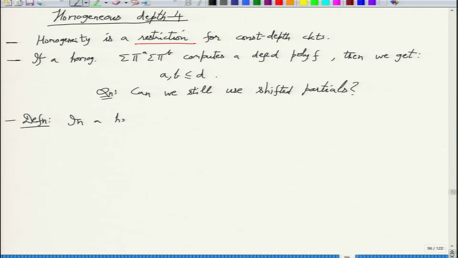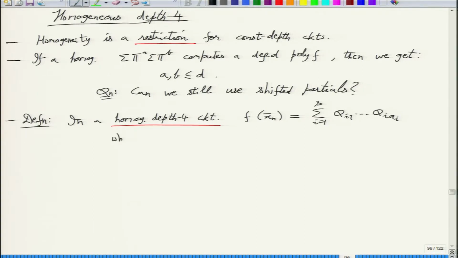In a homogeneous depth 4 circuit, take it as a definition, f(x1 to xn) is computed like this, where Qij is a homogeneous sparse polynomial.